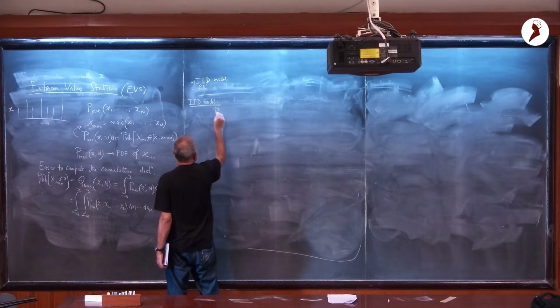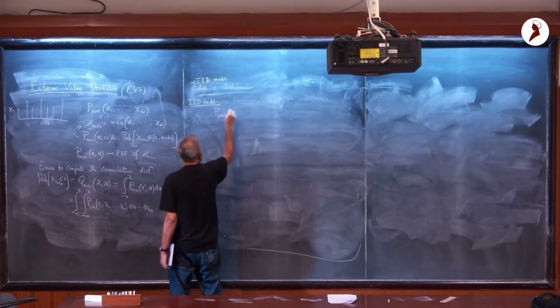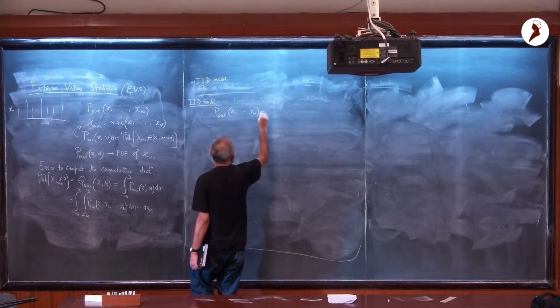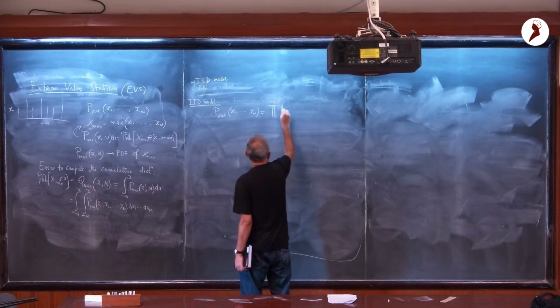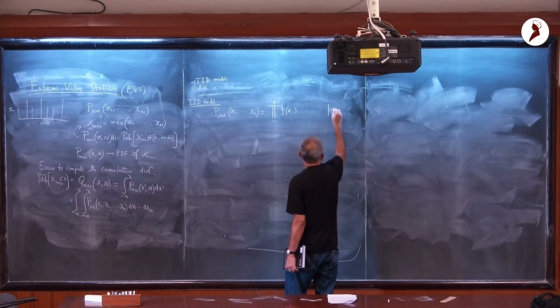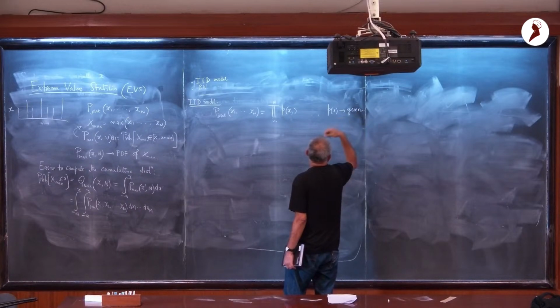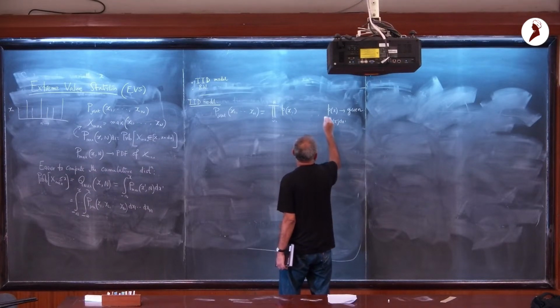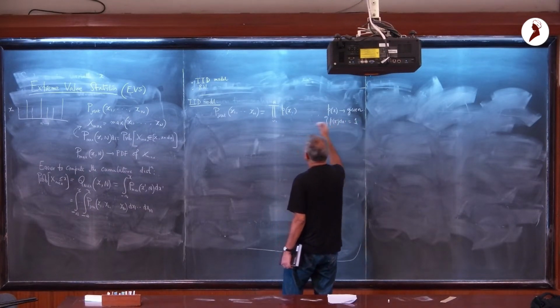In the IID model, we know that the joint distribution factorizes into individual distributions. The individual marginal distribution I call P(x). So P(x) is given and is normalized to 1. It can be anything from minus infinity to plus infinity, any arbitrary distribution.